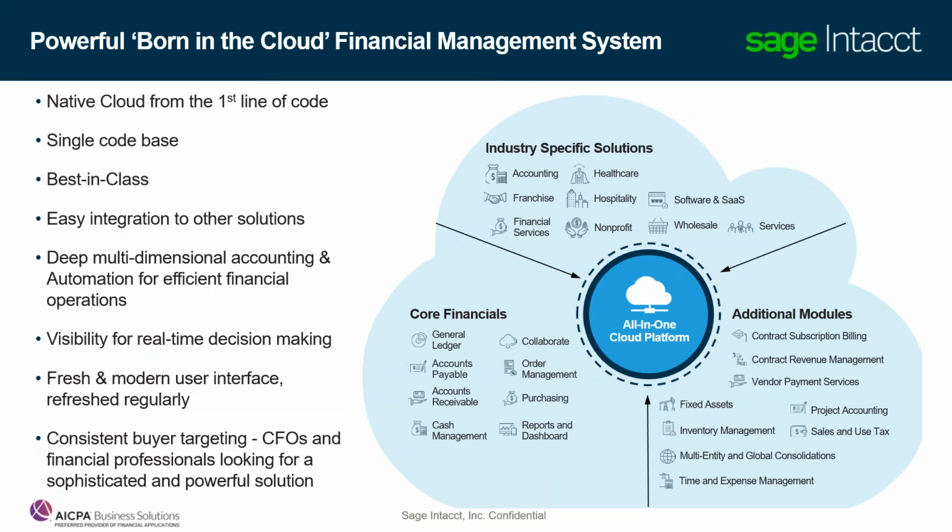That means, again, back to that best-in-class model, we're a piece of the solution. We're not the entire solution. So if you are running other applications today that you know and you love and you don't need to replace them, that's perfectly fine. The data from those systems can be integrated into Sage Intacct, into our financial engine.